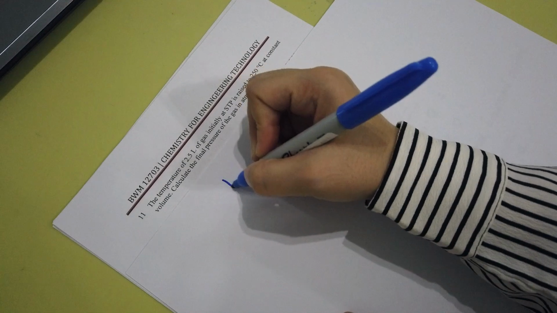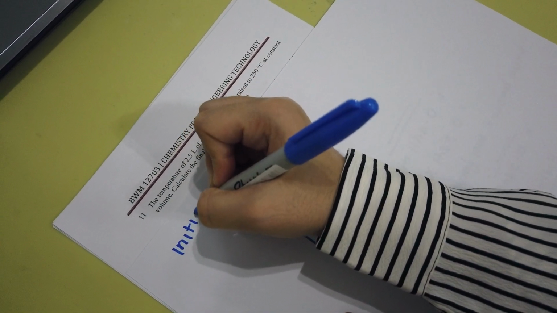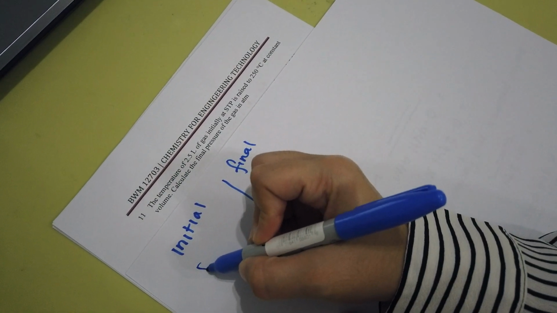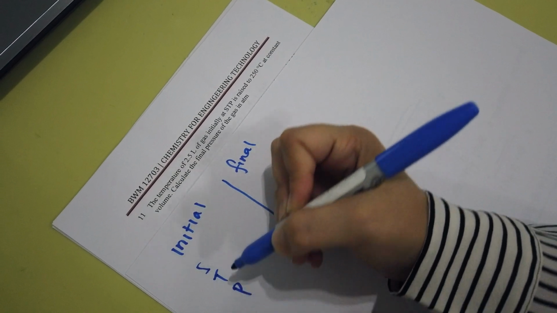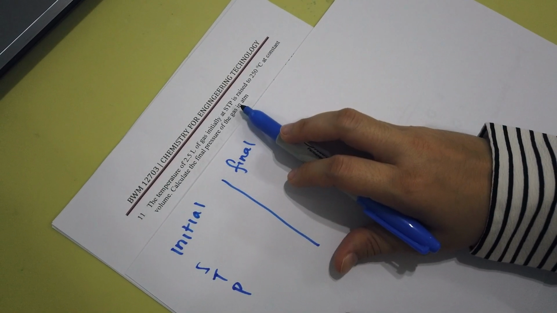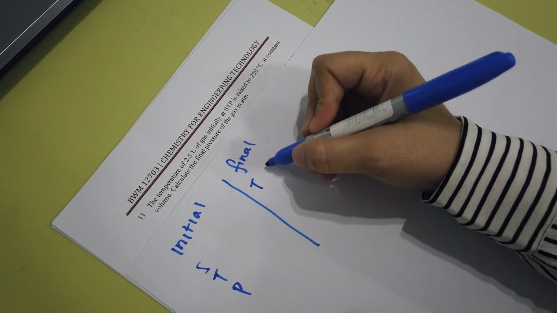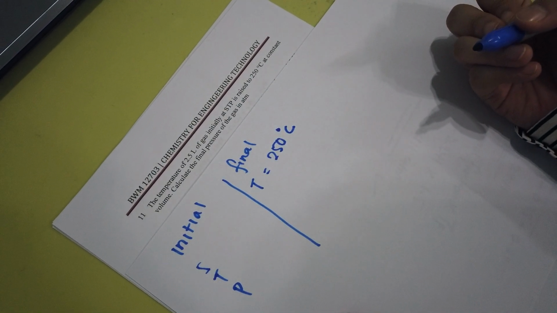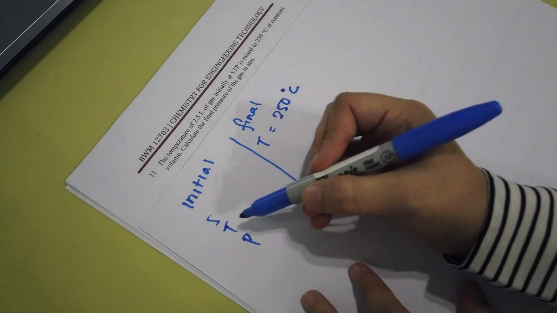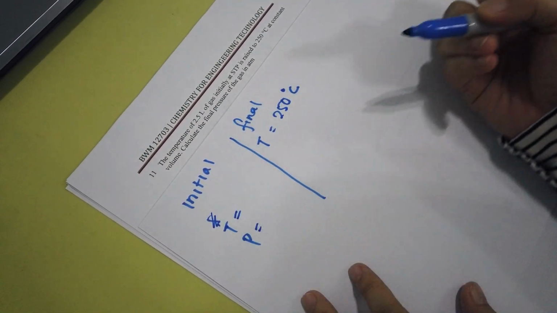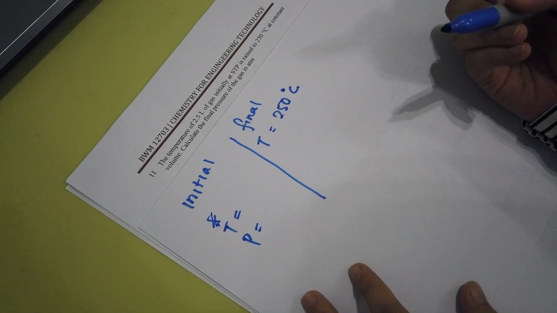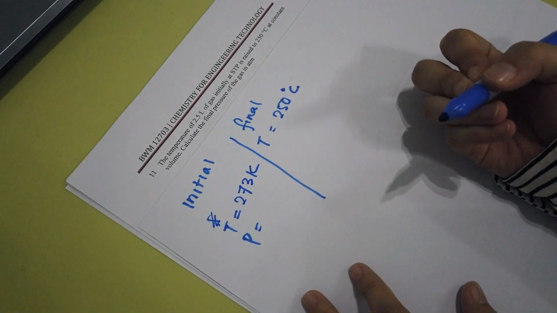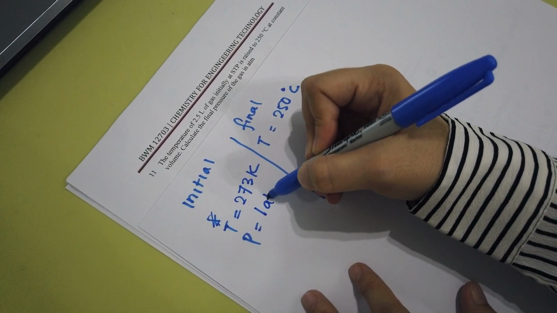So you have two parts, initial and also final. Initially it is at STP, right? Then the temperature is being raised to 250 degrees Celsius. Initial temperature, because it is at STP, should be 273 Kelvin and the pressure should be 1 atm.